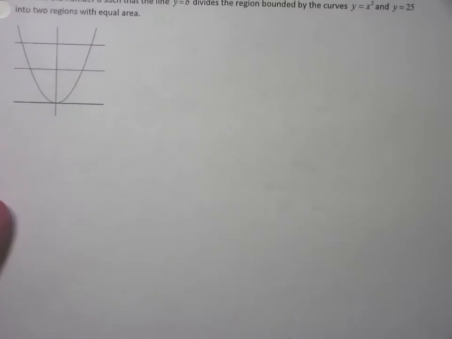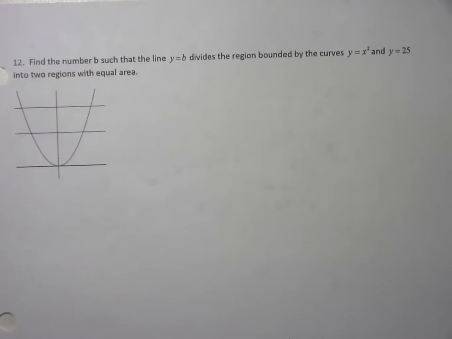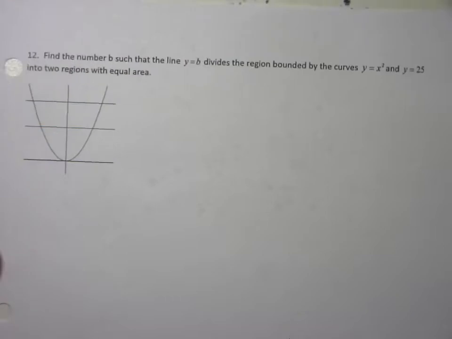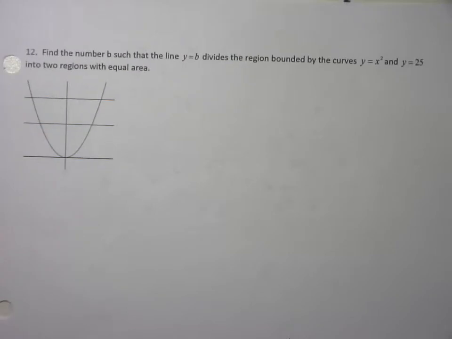The last one on this section is this problem here. All right, and again, look for tricks in symmetry. That's what you look for. It says this: find a number b such that the line y equals b divides the curves y equals x squared and y equals 25 into two regions with equal areas.